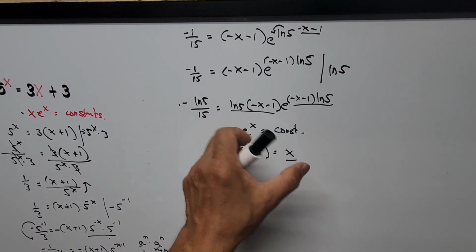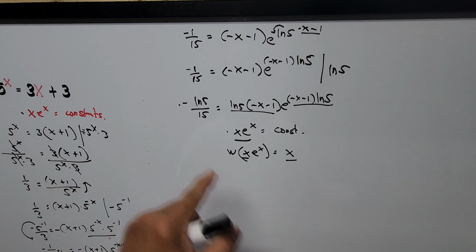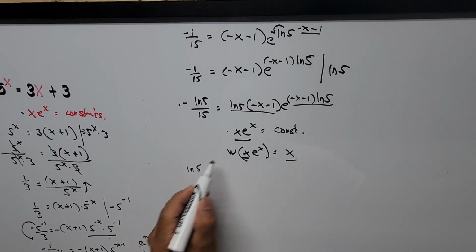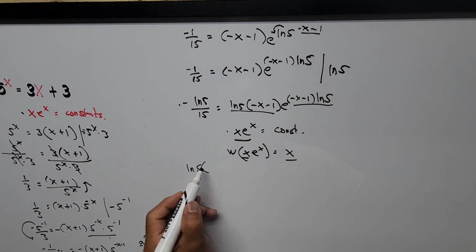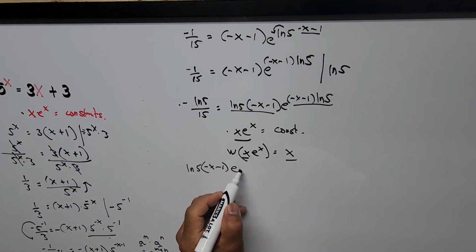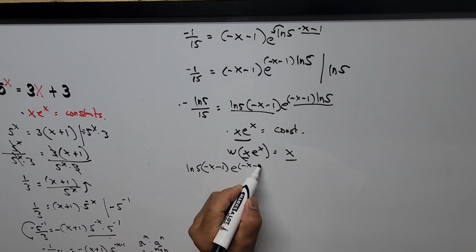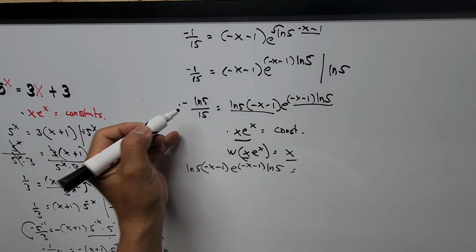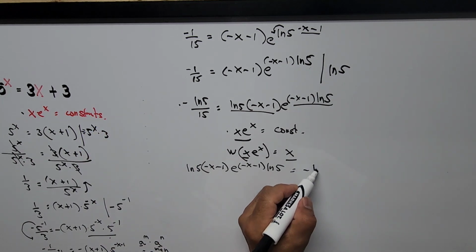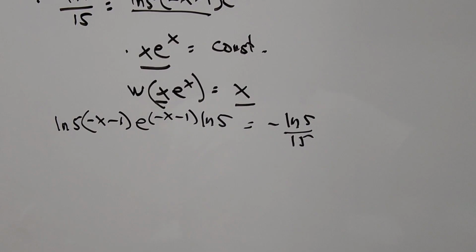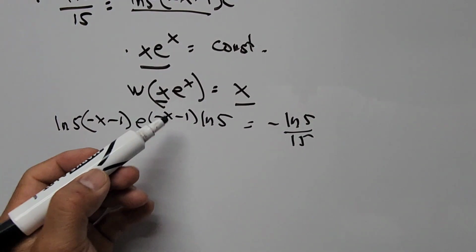And we can switch the left hand side with the right hand side. So we can rewrite that as ln of 5 times the quantity negative x negative 1 times e to the power of negative x negative 1 ln of 5 equals negative ln of 5 over 15. So we have the desired format that we want right here now.